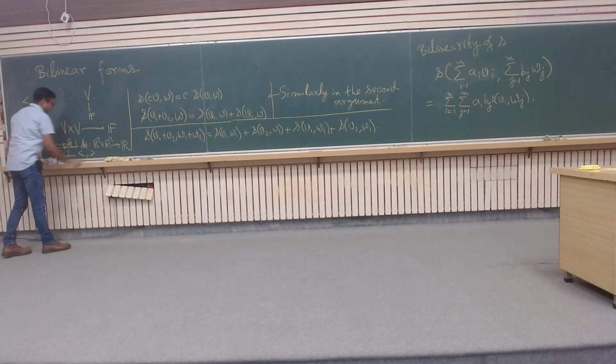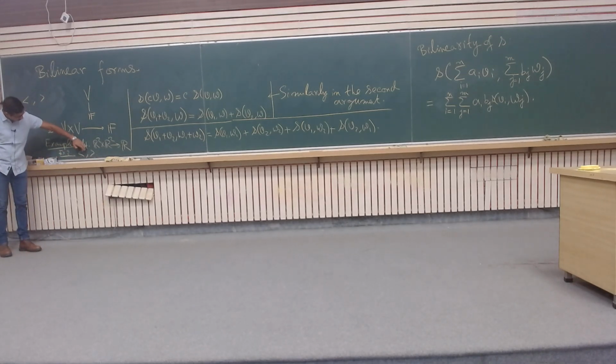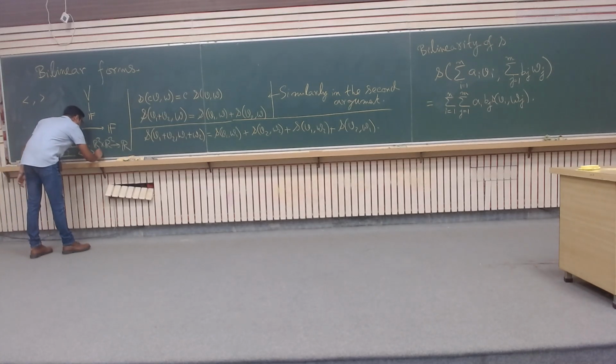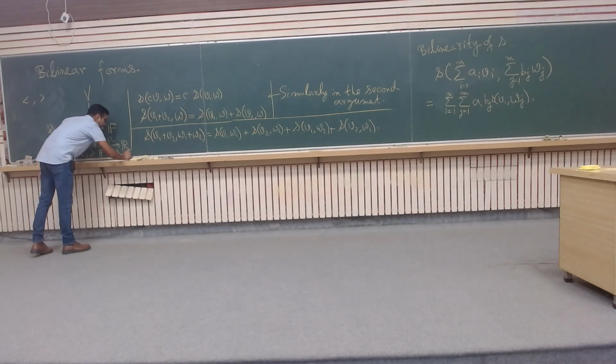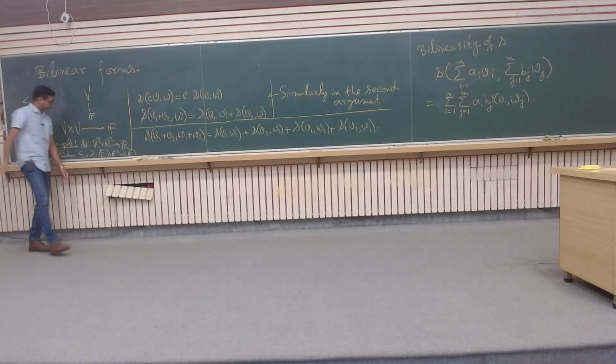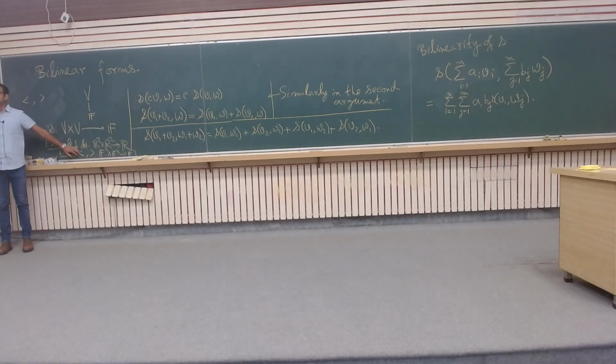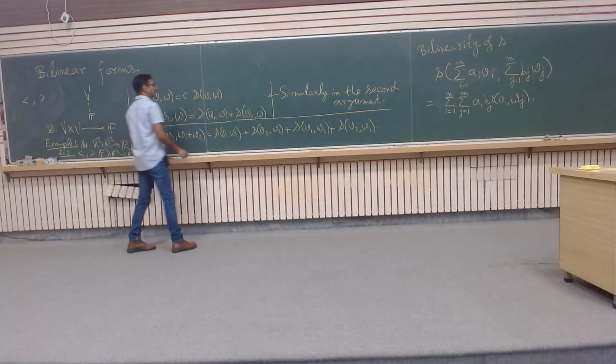So this one, which takes in 2 variables from Fn cross Fn to F for an arbitrary field, also defines a bilinear form because it is bilinear in both of the variables. And how do you define the dot product on Fn cross Fn?